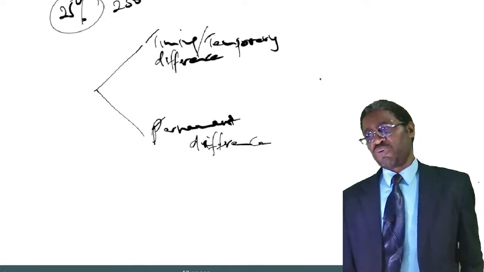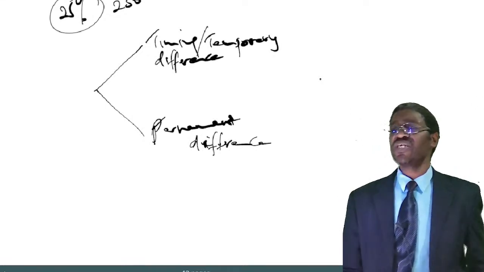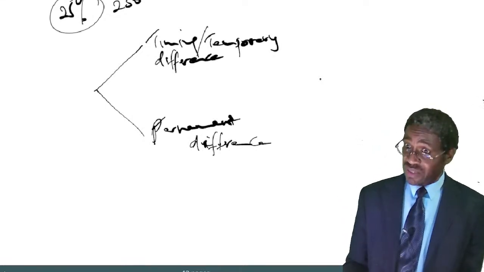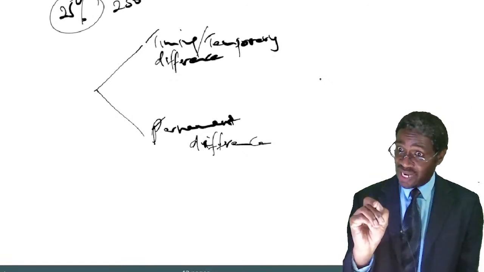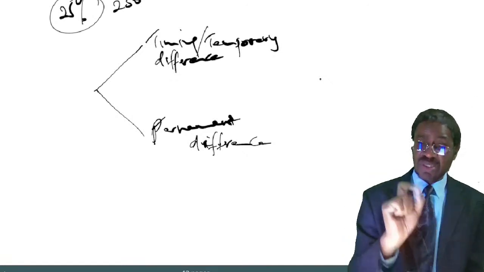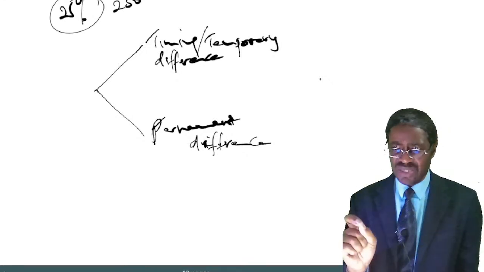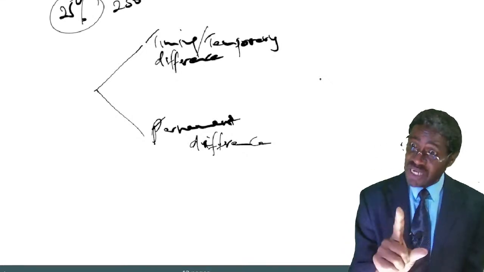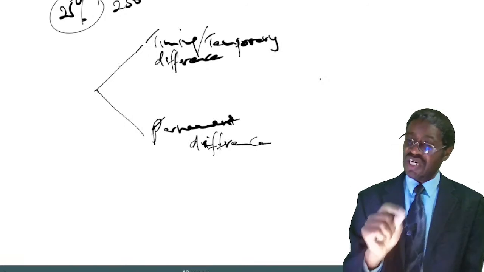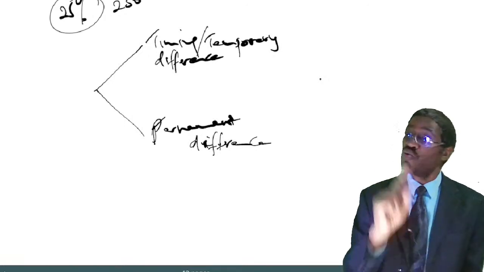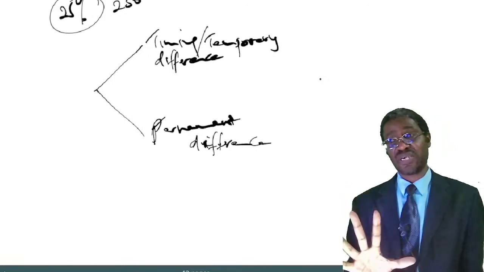I've put down that statement, but I've not explained it. I've only said that deferred tax arise due to the existence of the timing differences. I've said permanent differences do not cause deferred tax.